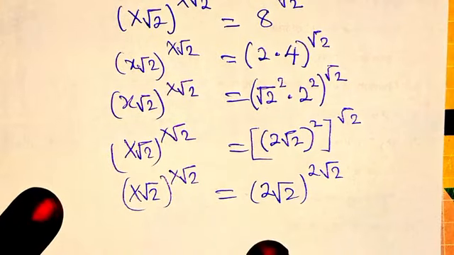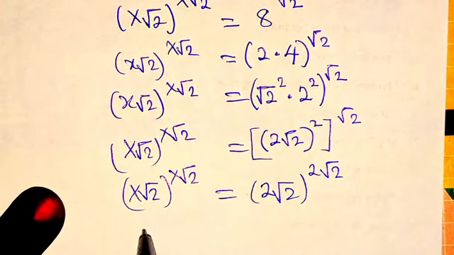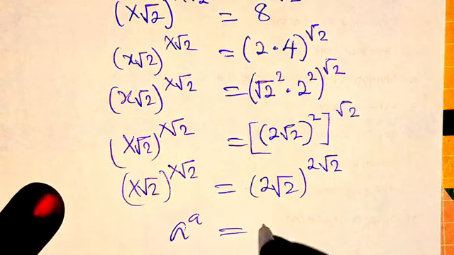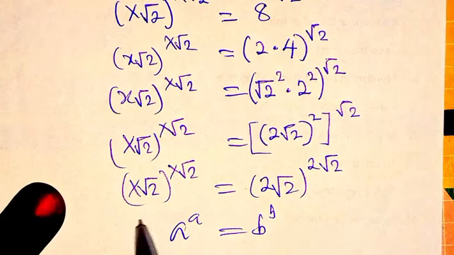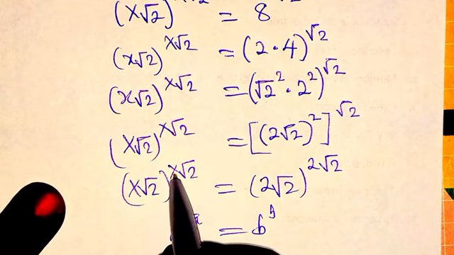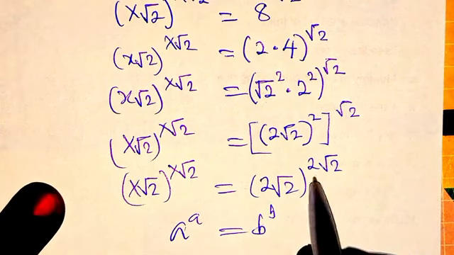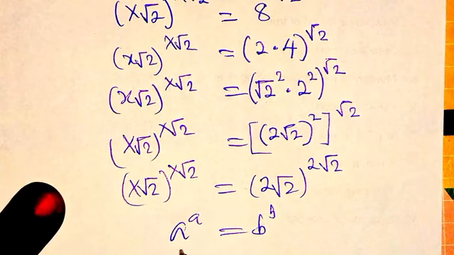Now let's look at both sides of the equation. We can have something like a to power a equals b to power b. On the left hand side, x root 2 is the same thing as x root 2, which happens to be the power here. We have 2 root 2 here and 2 root 2 as the power here. So it takes the form of a to power a equals b to power b.